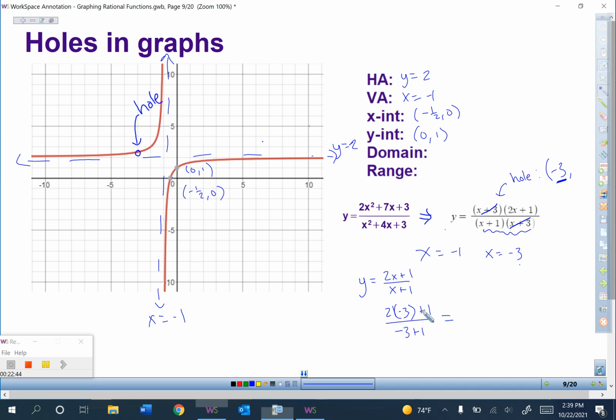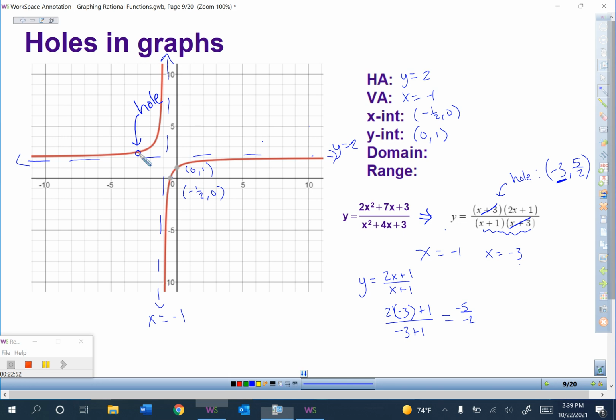So we get -6 plus 1 is -5, -3 plus 2 is -2. Our hole has a y value of 5/2. And you can see that on your graph because the curve from your calculator is directly above that y equals 2 asymptote, so it seems reasonable that 2.5 is where it's at.